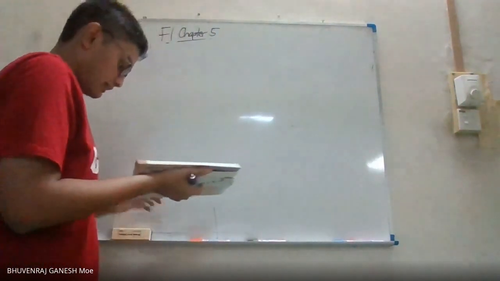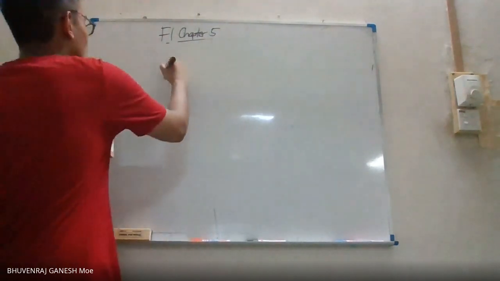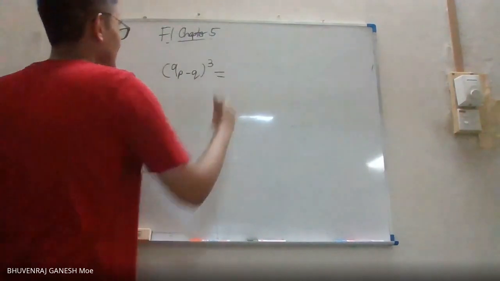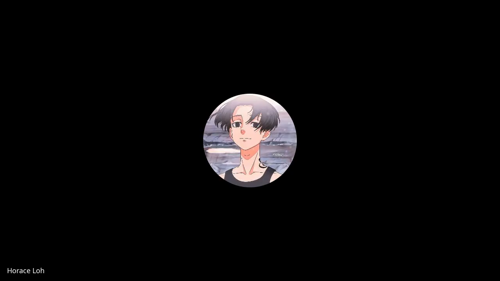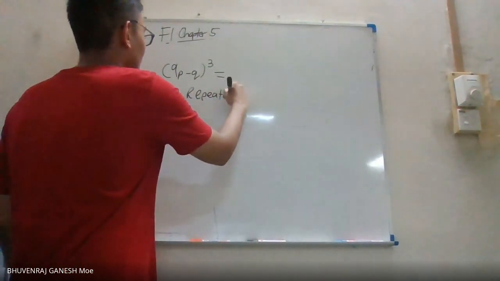And then next, if I give (9p minus q), how can you simplify it? The form of repeated multiplication.